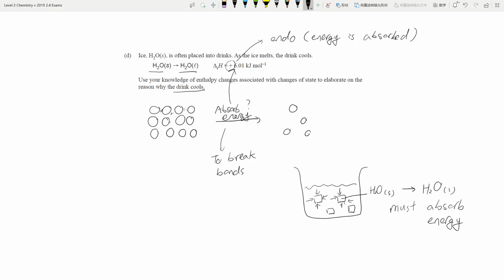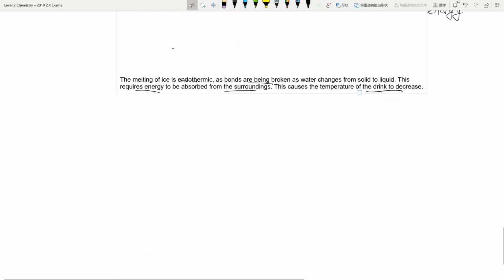Okay. So the answer that we kind of expect you to give is right here. The melting of ice is endothermic, because you're breaking bonds, because you're going from solid to liquid. If you're going from solid to liquid to gas, you are breaking bonds. And this is the beauty of enthalpy.